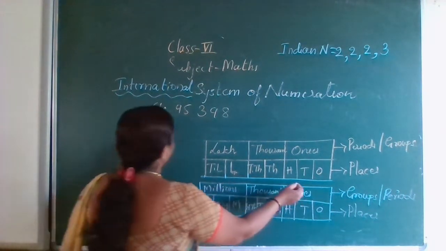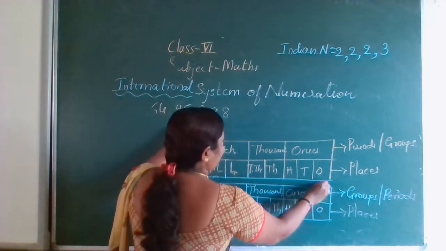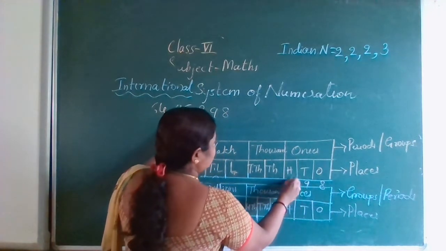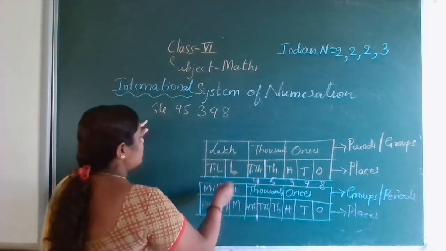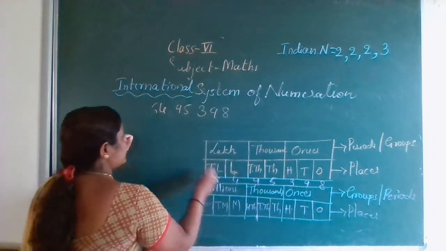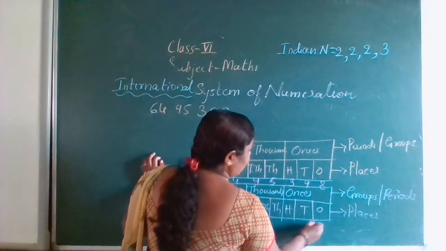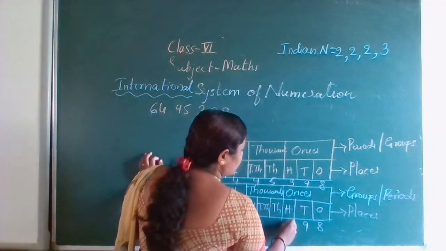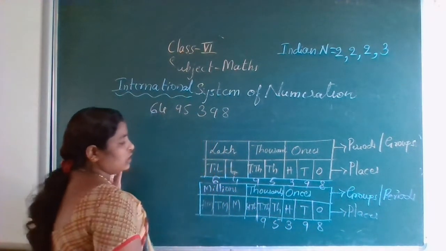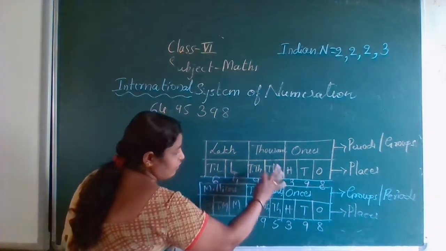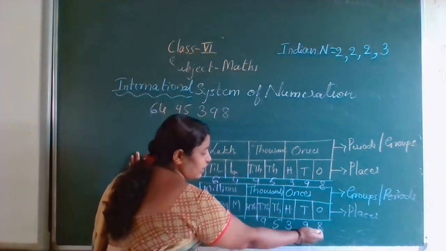What we wrote here: 8 ones, 9 tens, 3 hundreds, 5 thousands, 9 ten thousands, 4 lakhs, 6 ten lakhs. Here the same: 8 ones, 9 tens, 3 hundreds, 5 thousands, 9 ten thousands. Up to a 5-digit number everything will be the same.